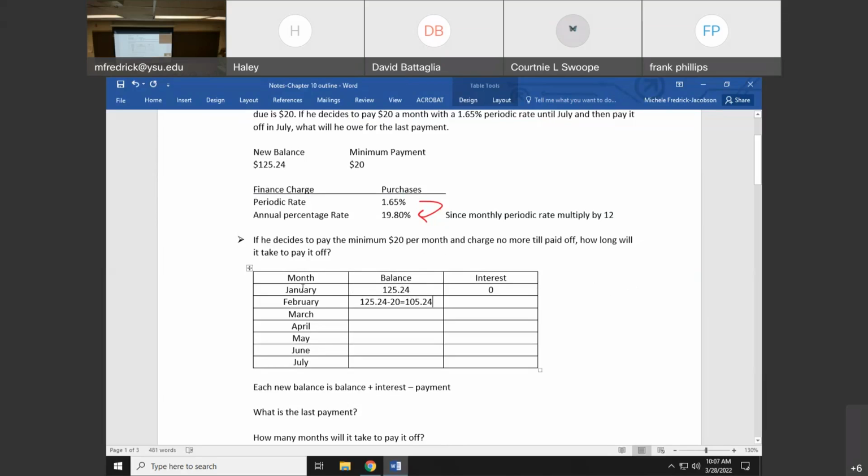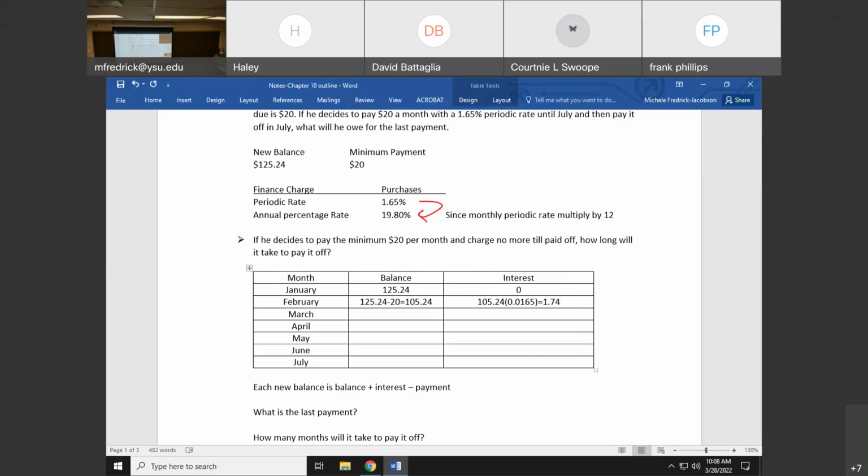So the interest in February would be on the $105, not the $125. Remember, you have to put it as a decimal. Put the 0 first: 0.0165. And the biggest mistake, be careful rounding.